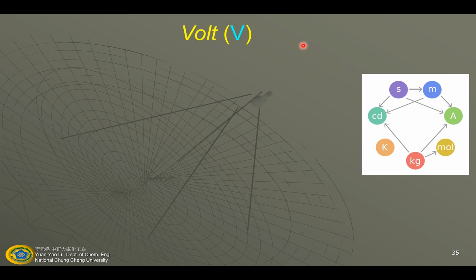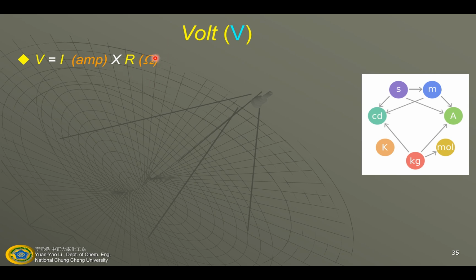So let me give you a question. How about the voltage? Can you give me the unit of volt using these 7 base units? As we know, volt is equal to electrical current times resistance. So it's amp times ohm. Amp is here, right?